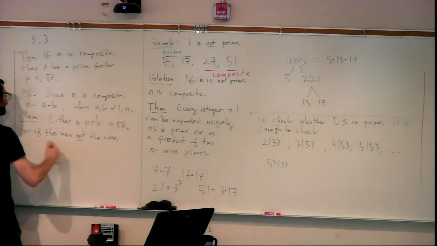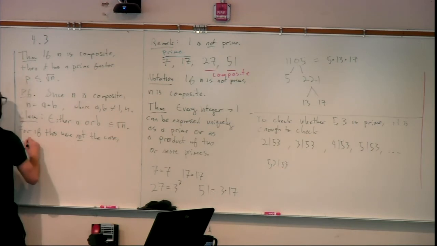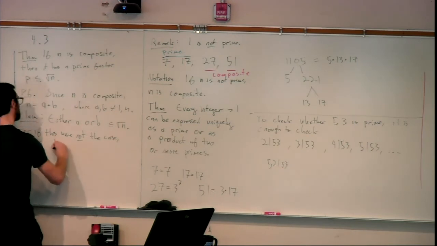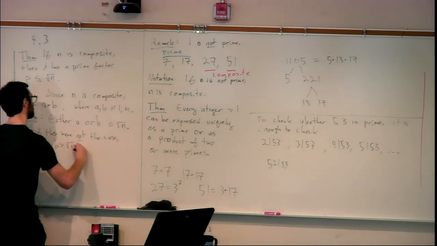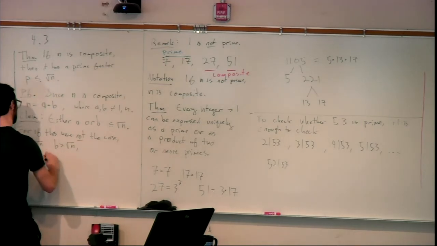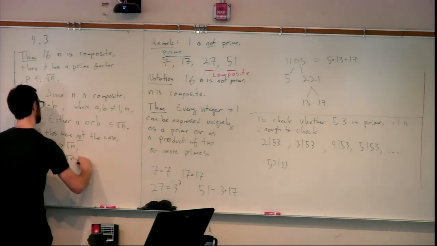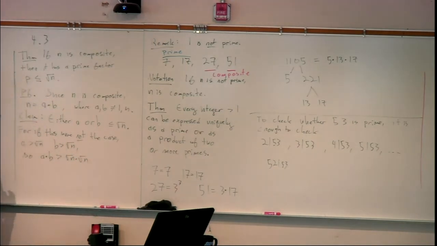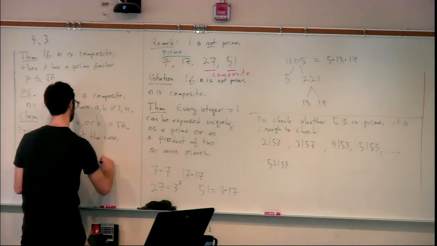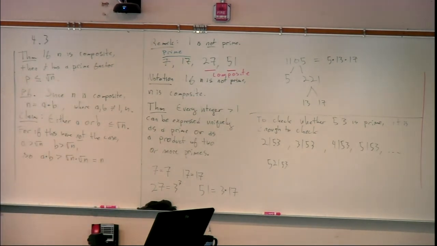Then a times b is greater than the square root of n times the square root of n, which is equal to n. So if both a and b are greater than the square root of n, then a times b is not equal to n. But we already assumed that n is equal to a times b, so this is a contradiction.